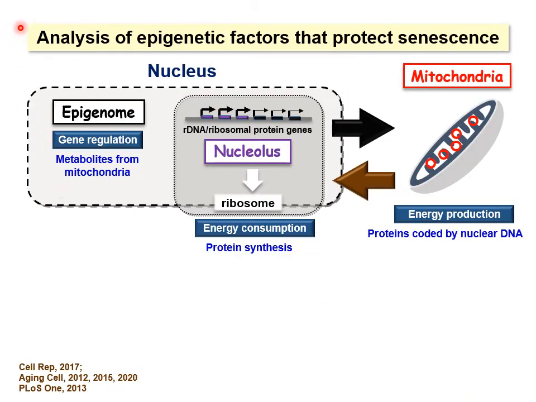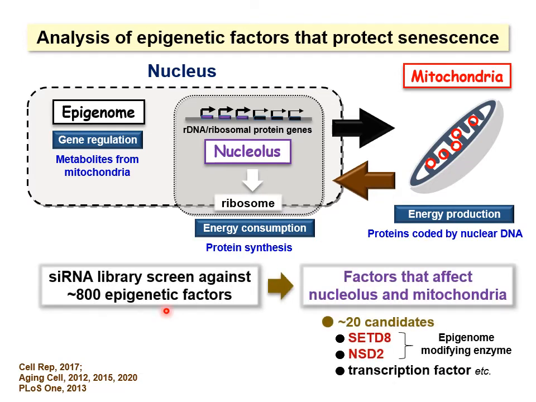Third is analysis of epigenetic factors that protect senescence. So epigenome and nucleolus and ribosome and also mitochondria, these three cooperatively function in the cells.